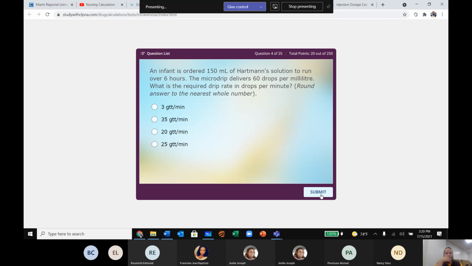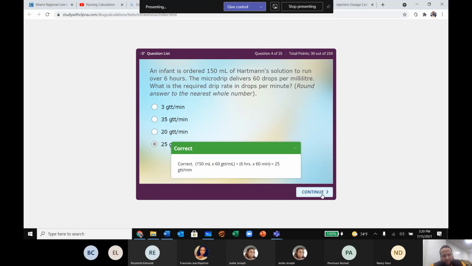We have 150 ml of Hartmann's over 6 hours. Remember, always volume over time. And the microdrops is 60 drops per milliliter. 25, good. Great job. We multiply the 150 ml times the 60 drops, and then we divide it by 60 minutes, which is 25 drops per minute.